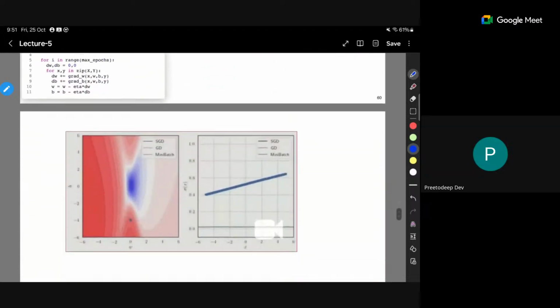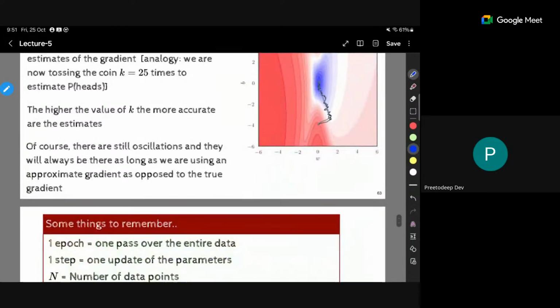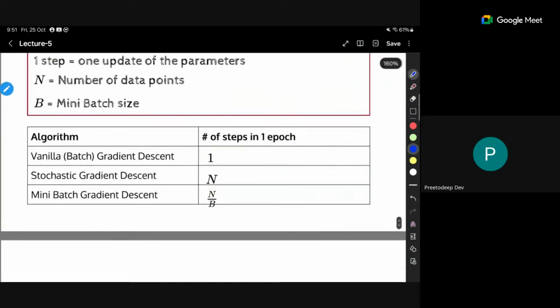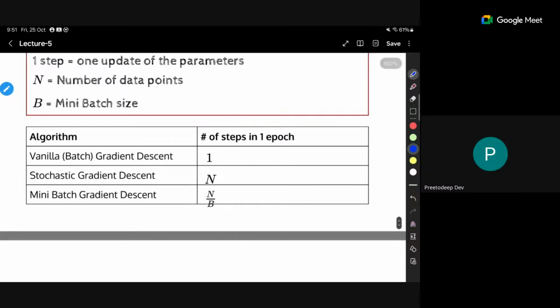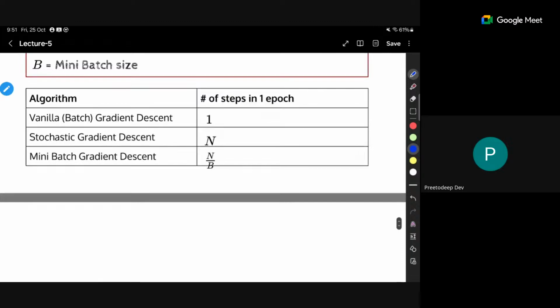You would have learned this in MLT. Nothing changes here. Maybe you can remember this, but you can figure it out also. It's not difficult. Vanilla batch will have one weight updation for one epoch. Stochastic will have n updations for one epoch, and mini batch will have n by b updates for one epoch.